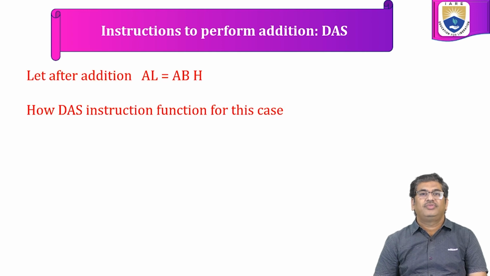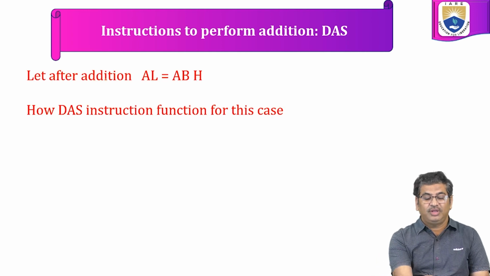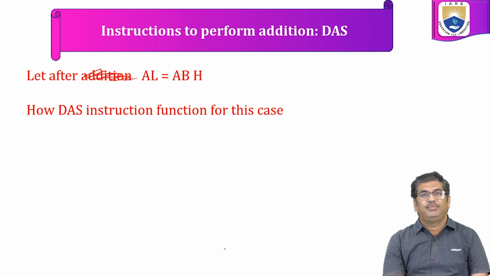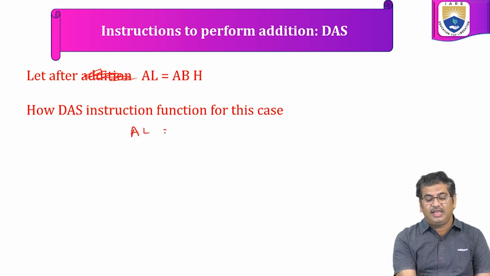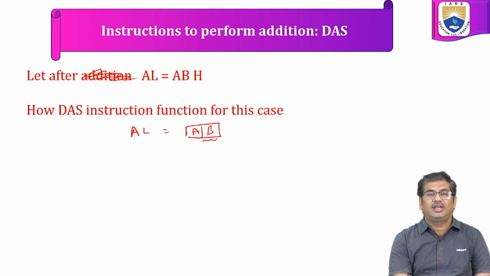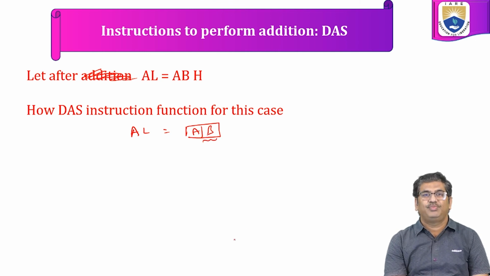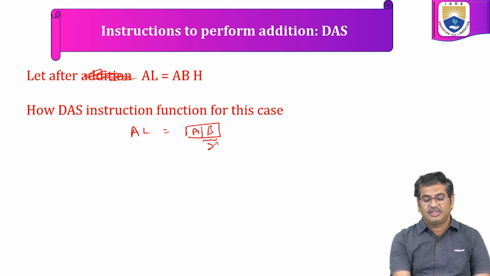The last example we will see for the DAS instruction: assuming after subtraction, the AL register content is ABH. Now we will see how this DAS instruction will work for this case. First we examine the lower nibble. In this case it is B, which is not a valid BCD number because B is greater than 9.